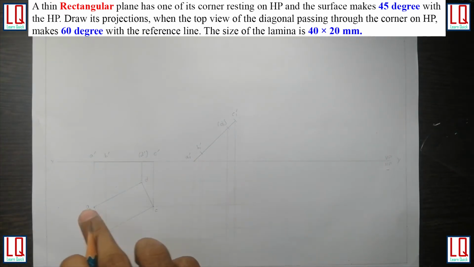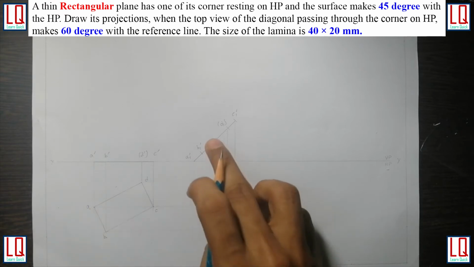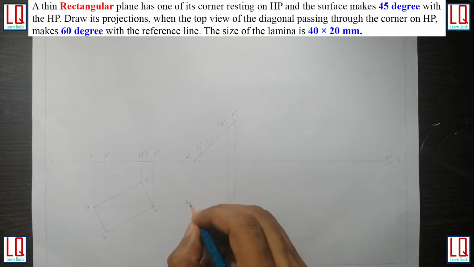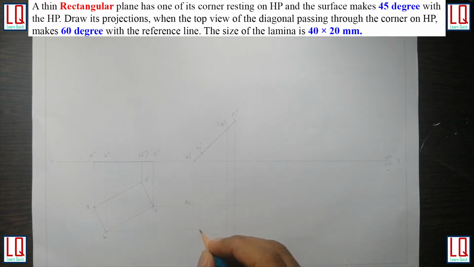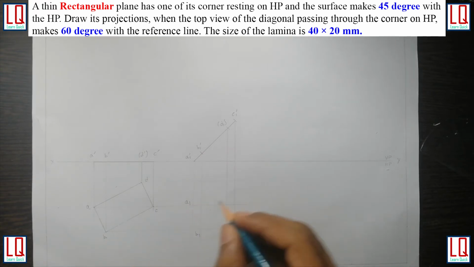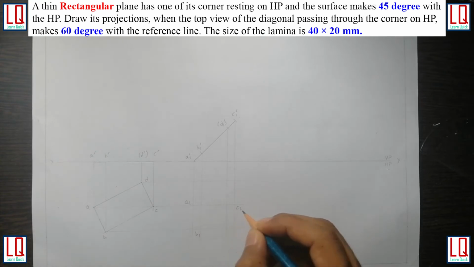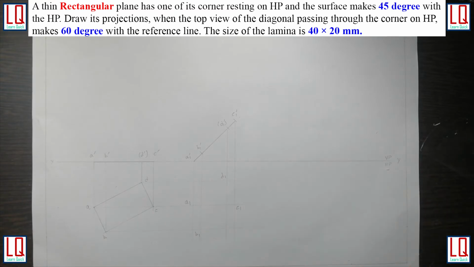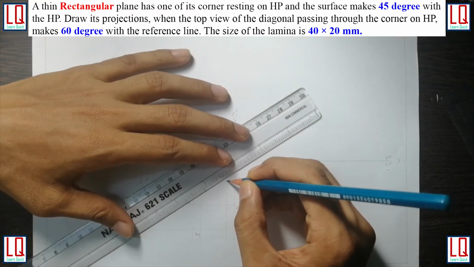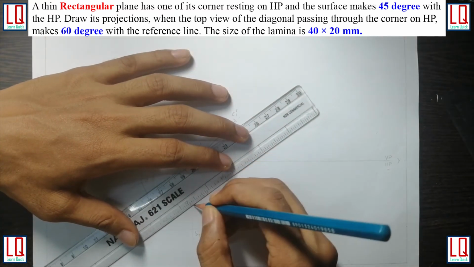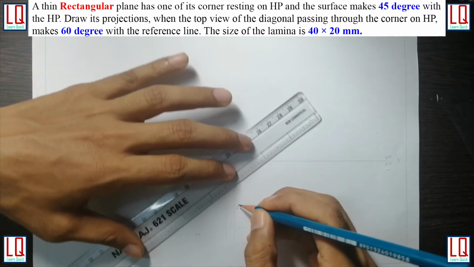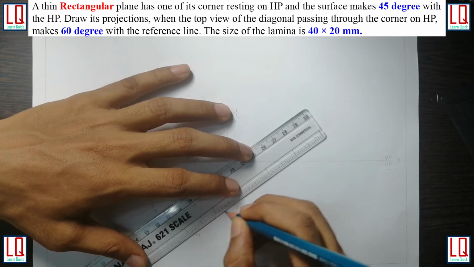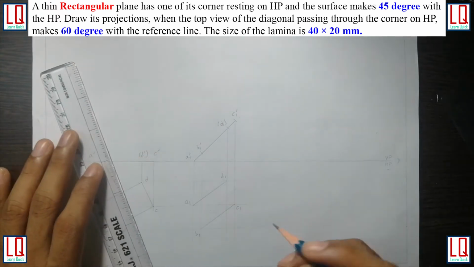Now map the corners in step 4 from step 1 and step 3. A and A1 dash meet here, so it is A1. B and B1 dash meet here, it is B1. C and C1 dash meet here, it is C1. D and D1 dash meet here, it is D1. Now join all the corners to get the top view of the rectangular plane, which is inclined at 45 degree to HP.